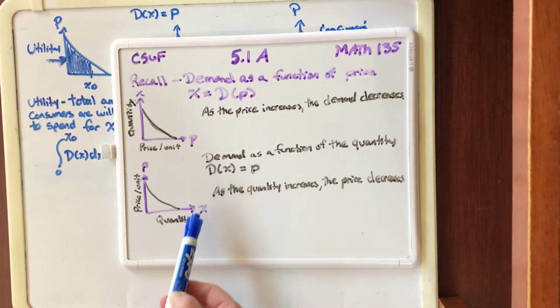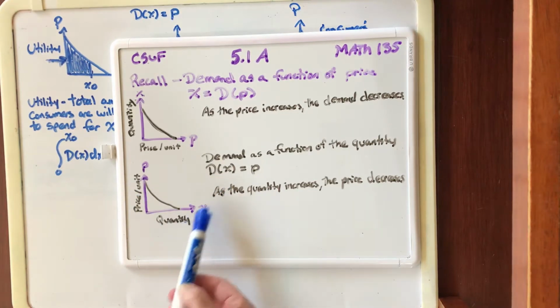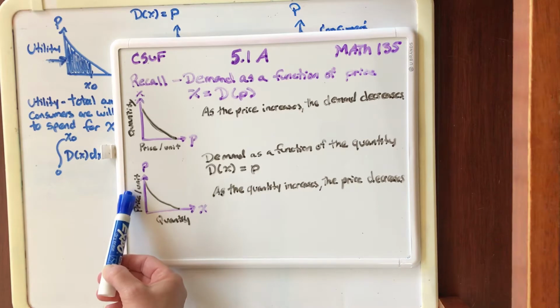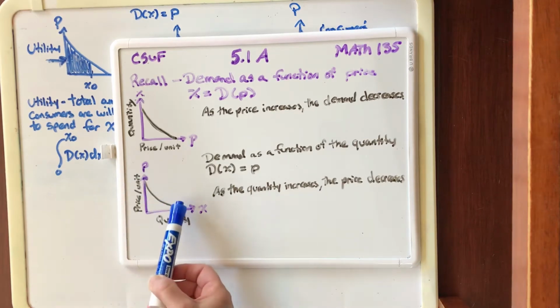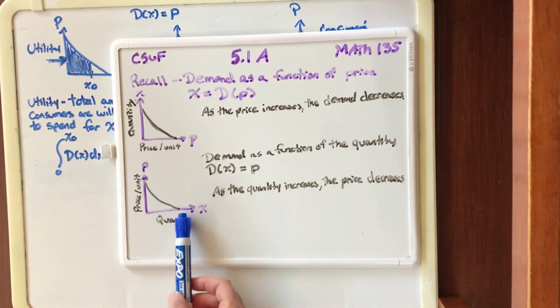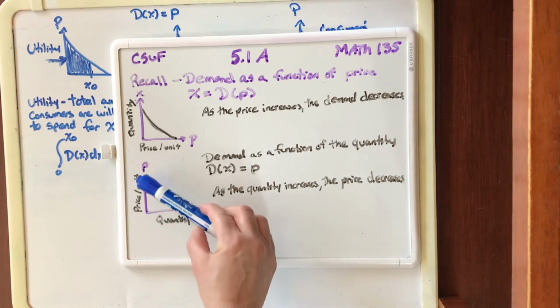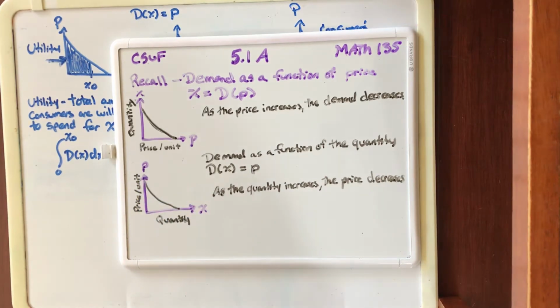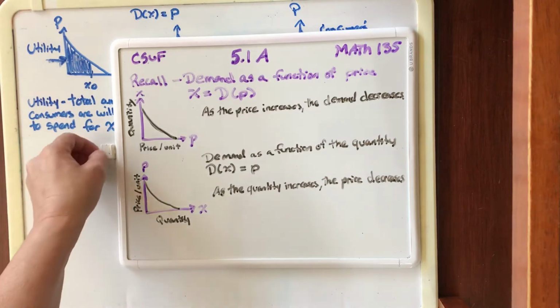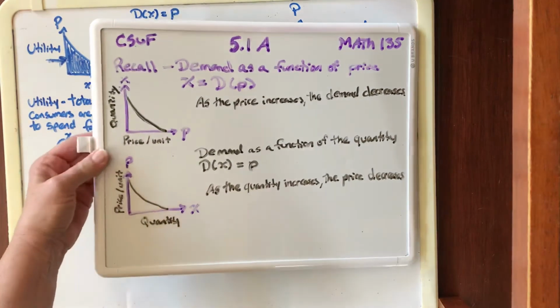So our input is the quantity and our output is the price. With this curve, we can see as the quantity increases, the price decreases. That makes sense. If we have too much of something out in the market, then the prices are going to go down.